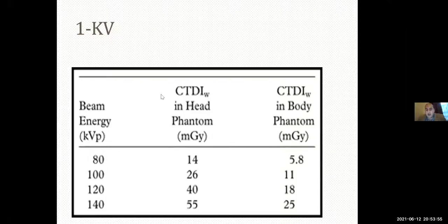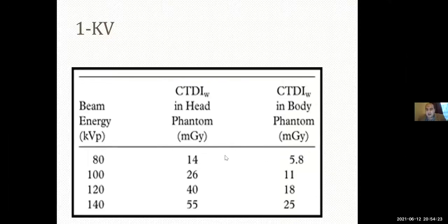This is for the CT head phantom, which is 16 centimeters, but this is for the body phantom. At the same kV, for the body phantom, which is 32 centimeters, the dose is less than the dose for the 16 centimeter phantom.